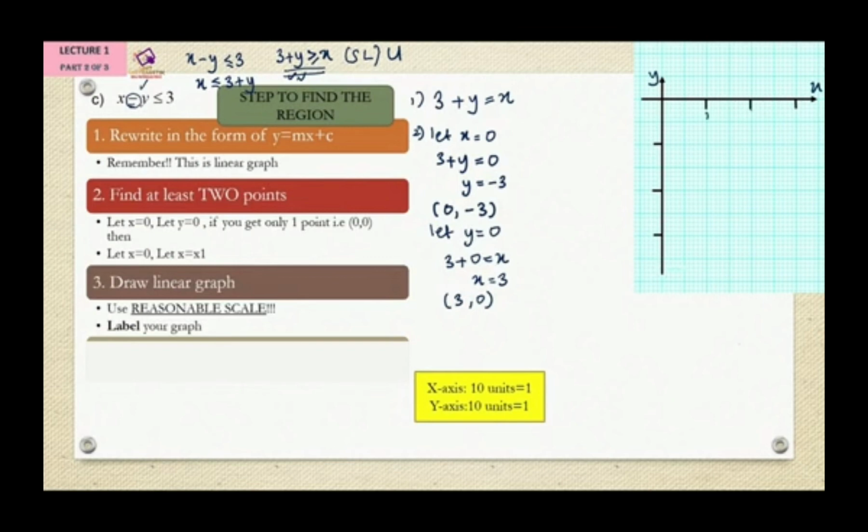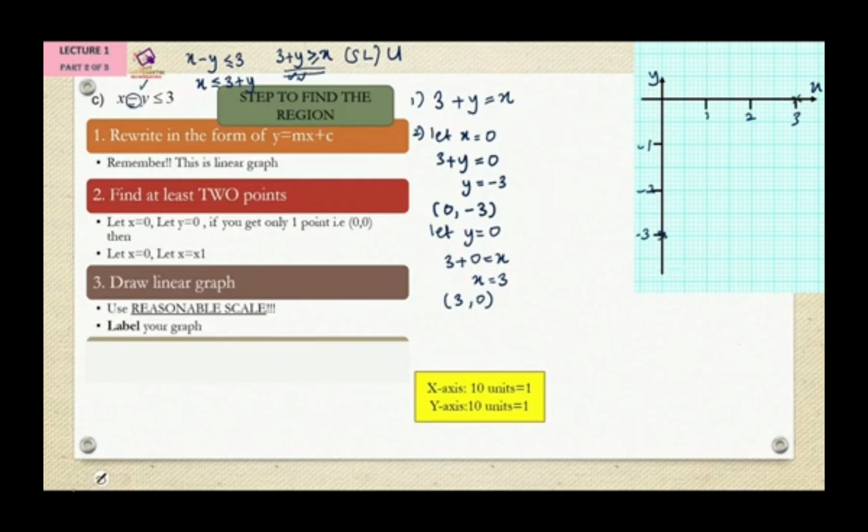Your scale is 1, 2, 3, and for the y-axis, we have negative 1, negative 2, negative 3. Then mark your points. The first point, 0, negative 3, is here, and then 3, 0.